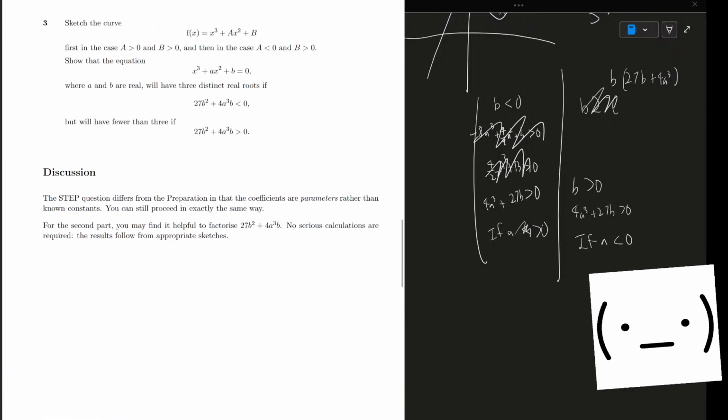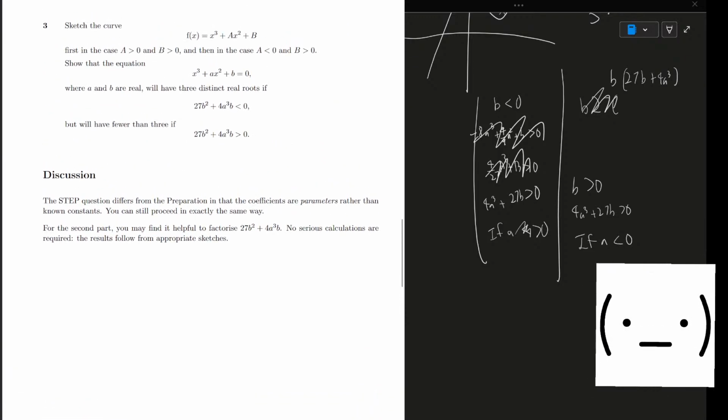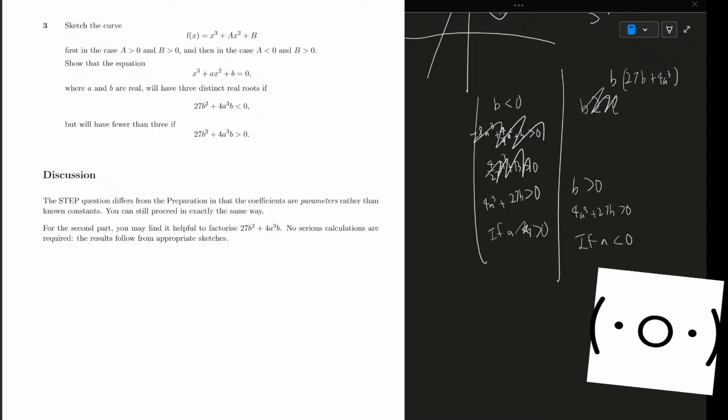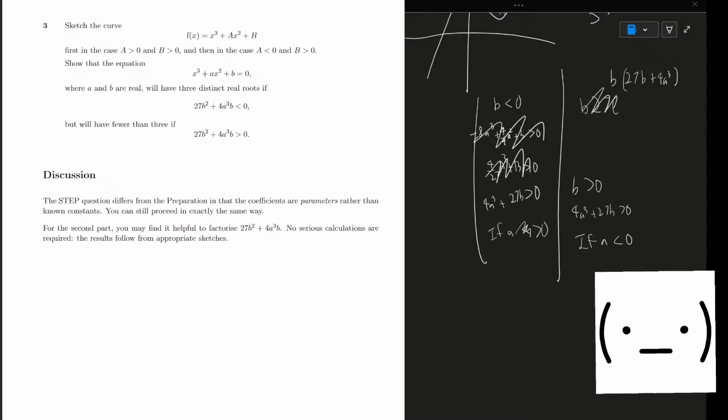I'll kill myself if I have to do geometry. Just go to sleep. Oh my days. Hmm.